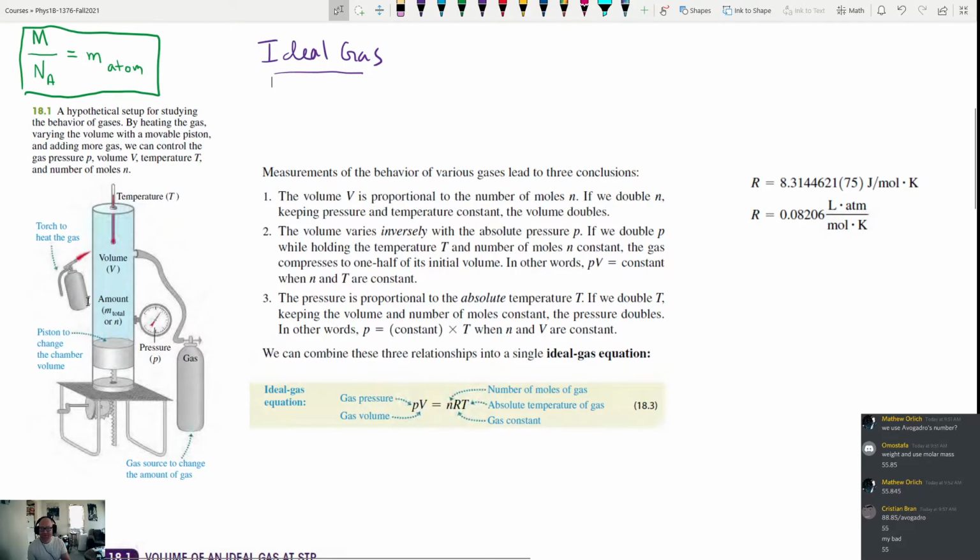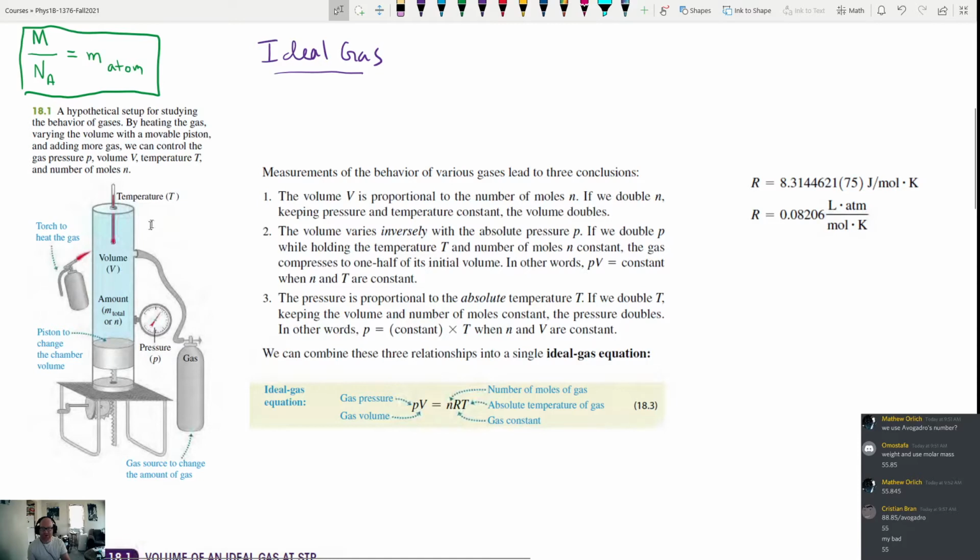Then we have something to heat it up. Also at the bottom, there's a piston which allows the volume to change. And finally, there's something where you can either add or take away gas. The goal of something like this would be to study how these different variables depend on each other.